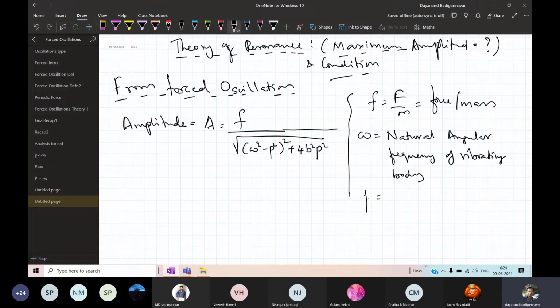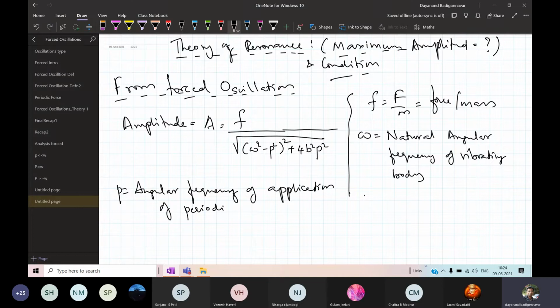P stands for the angular frequency of application of the force, the periodic force.